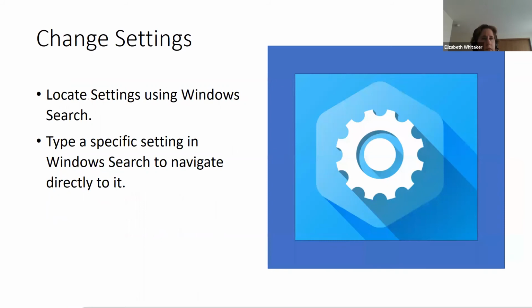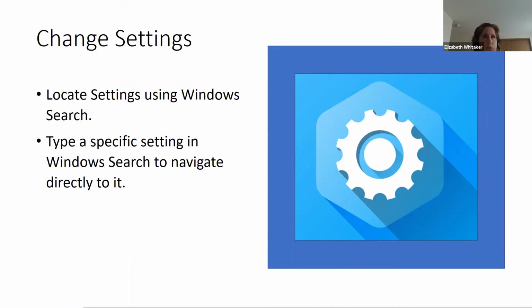All right. So another thing that you guys mentioned in the poll questions that you had trouble with is changing settings. And I totally understand where you're coming from there because it can be really hard to find the setting. So with Windows, you have lots of different things.